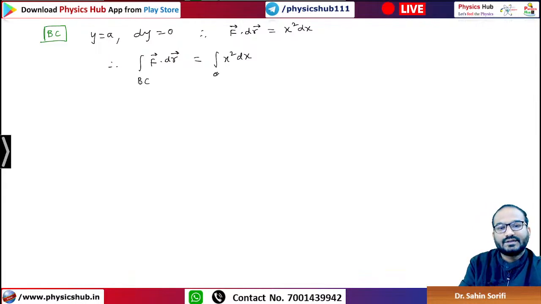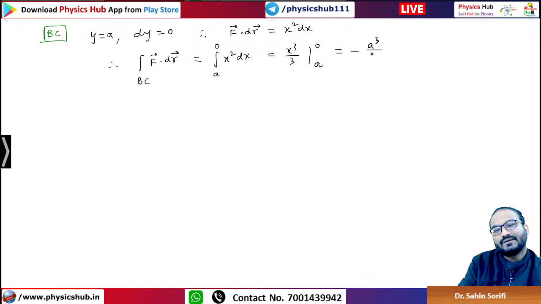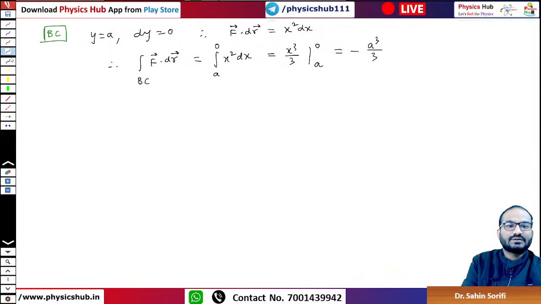So that is why the limit is a to 0, and this will be x cube by 3, limit a to 0. So a minus sign will come, minus a cube by 3. BC is done. Let's go for CO.